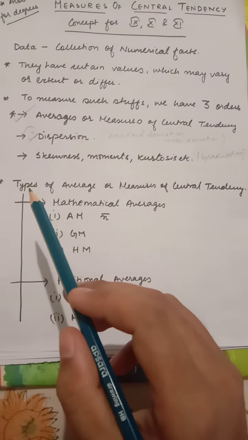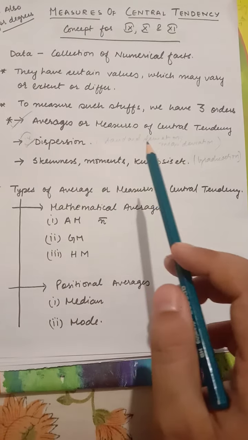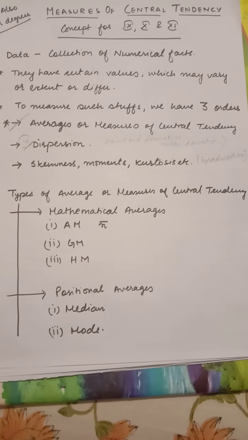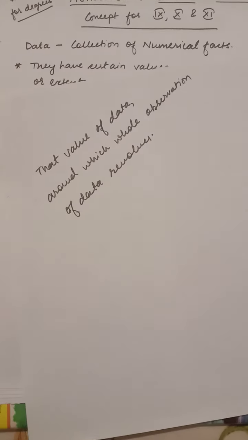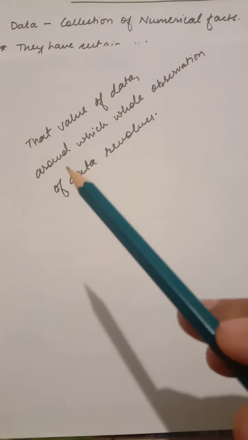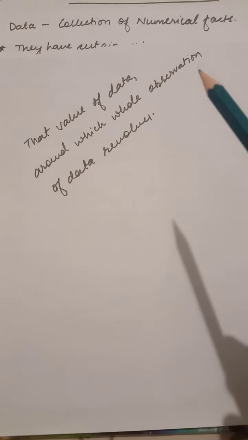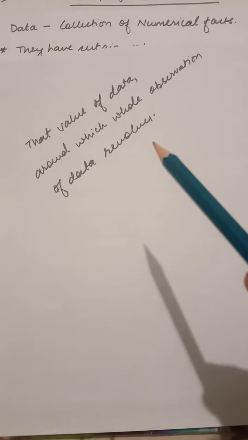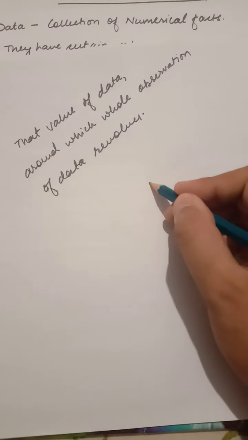So before starting measures of central tendency, let's have its definition. It is that value of data around which the whole observation of data revolves. It occupies a position.